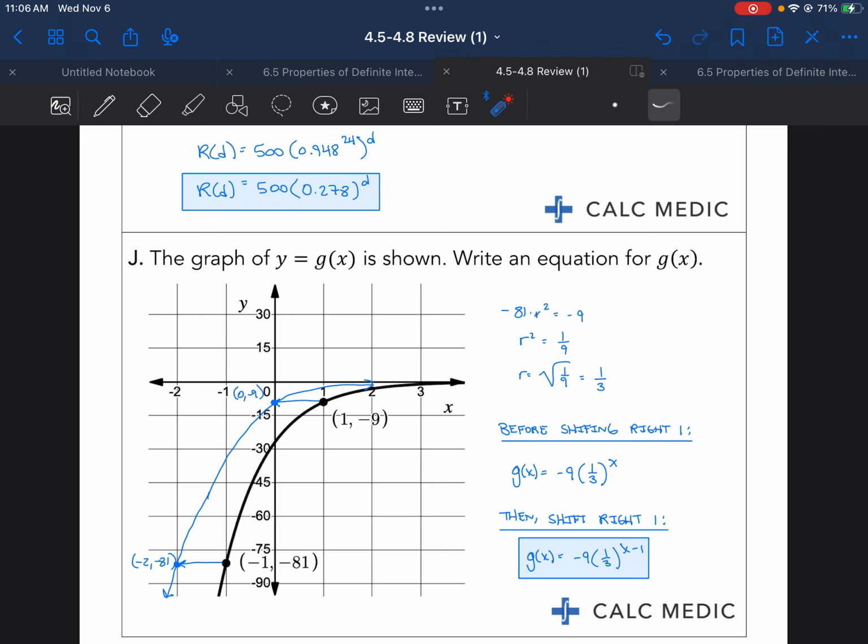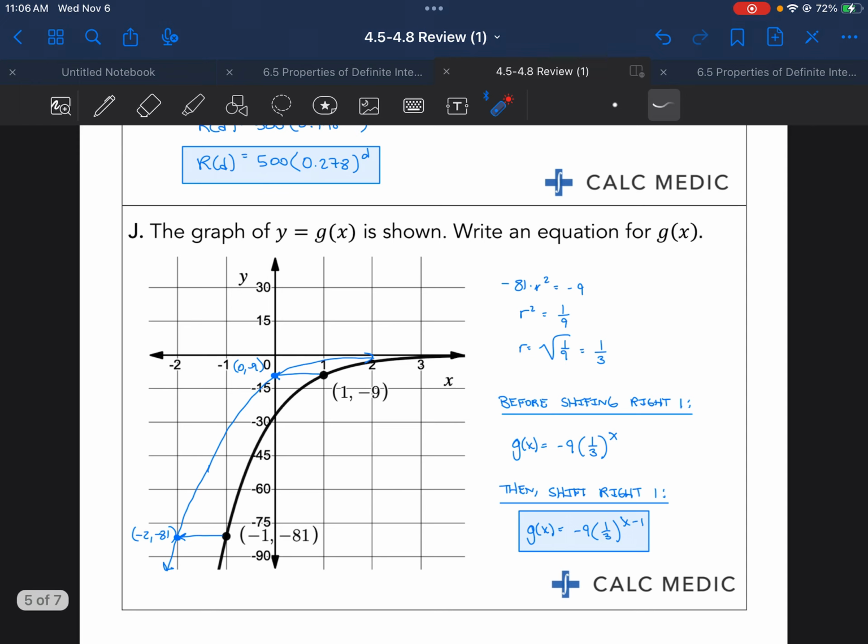So to go from a y value of -81 times 2 common ratios, then I would get to a -9, okay? Because these two are two x values away from each other. So divide by the negative 81, we get r squared equals 1/9. Take the square root of both sides, we get r equals 1/3.